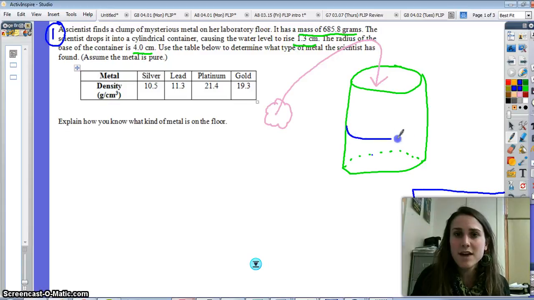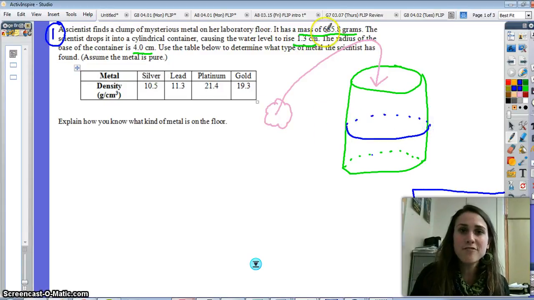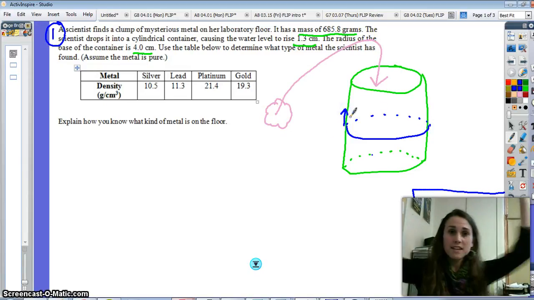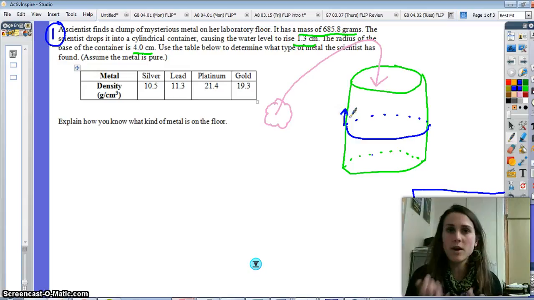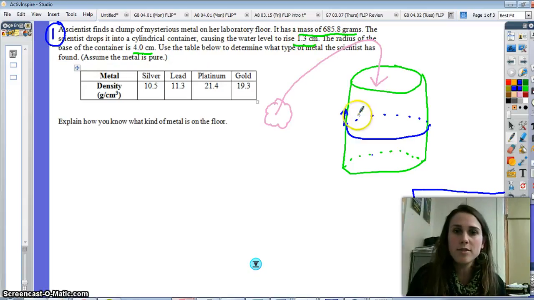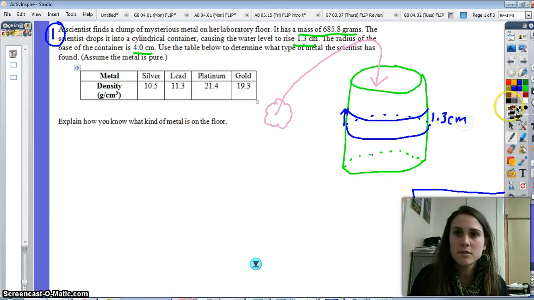It doesn't really matter how much water is in here, but what does matter is after I drop this clump of metal in, what's going to happen to this water level? It's going to rise! Do we know how much? Yeah, it tells us, 1.3 centimeters. So I'm going to draw the new water level. So this is a distance of 1.3 centimeters after this clump of metal is inside.